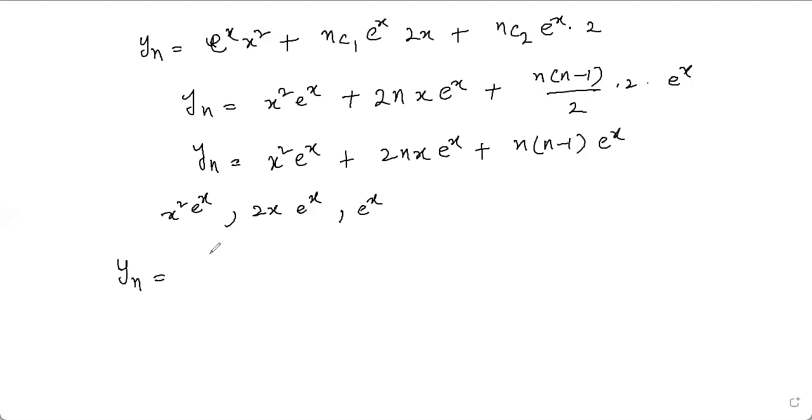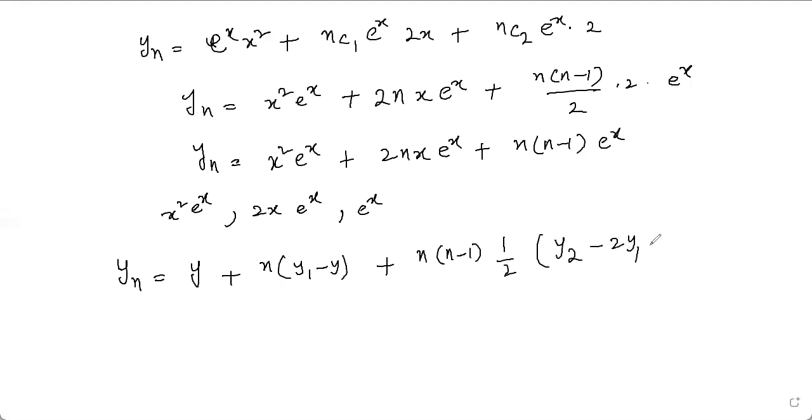So x square e to the power of x would be y, plus 2x e to the power of x will be n into (y1 minus y), plus now this will be n into (n minus 1) by 2 into (y2 minus 2y1 plus y).